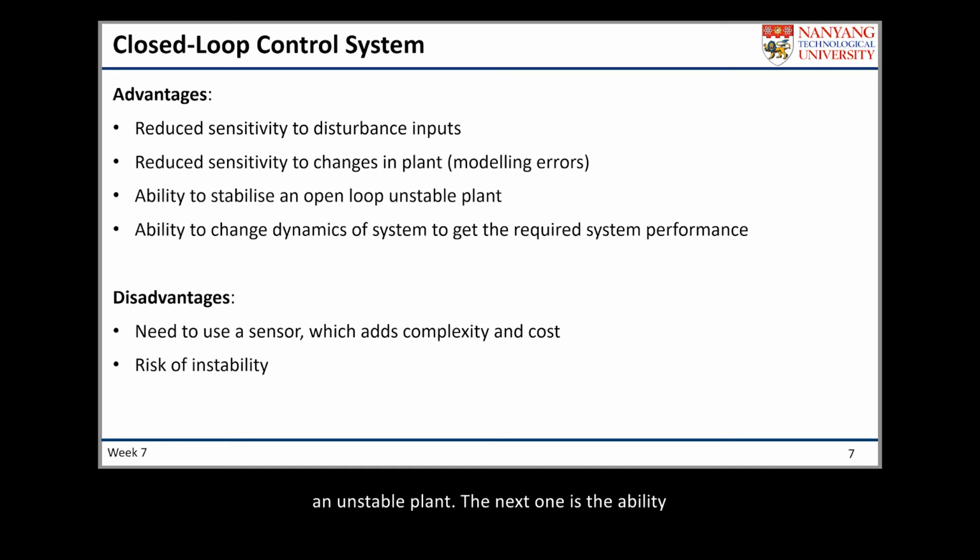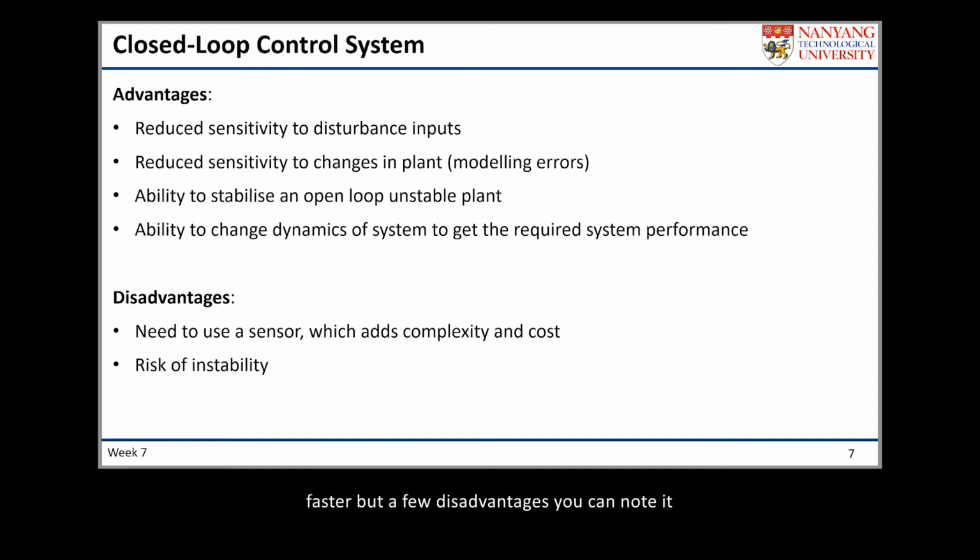The next one is the ability to change the dynamics of the system. Let's say again the heat pump of your air conditioning system is not performing very well in terms of speed. You need about an hour to cool down your room, you don't like it, and then if you design your controller properly, you can change the dynamic properties. You can make the system respond faster.